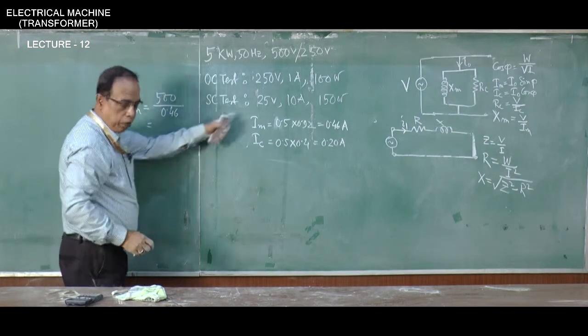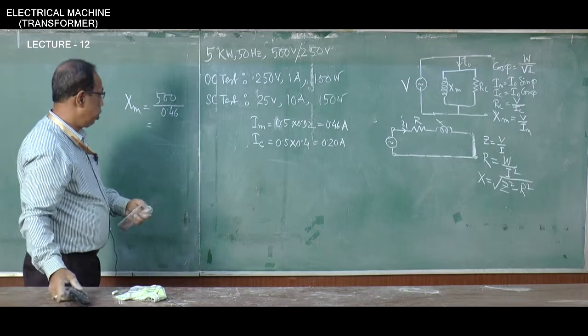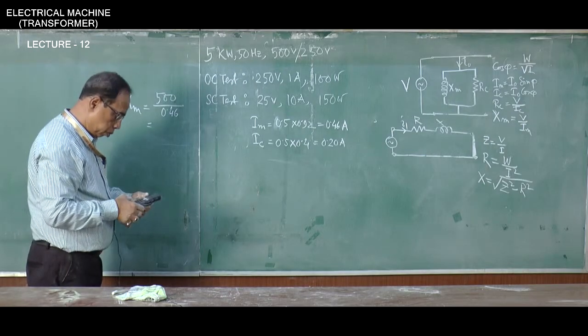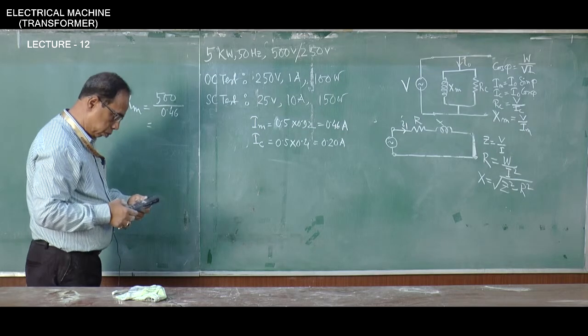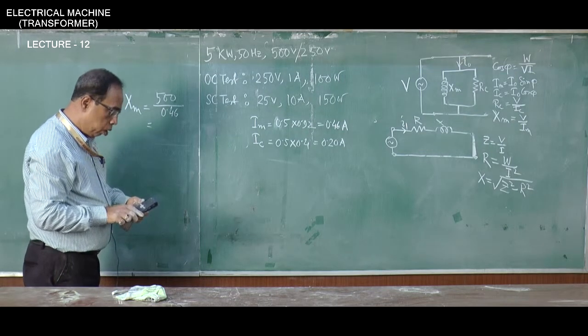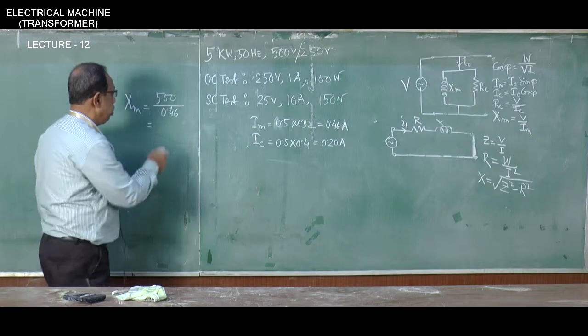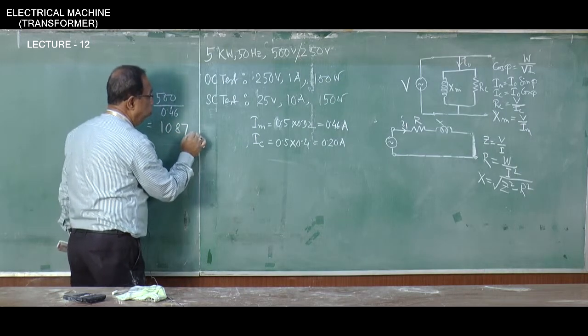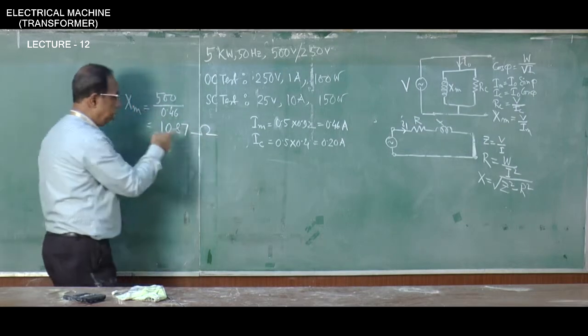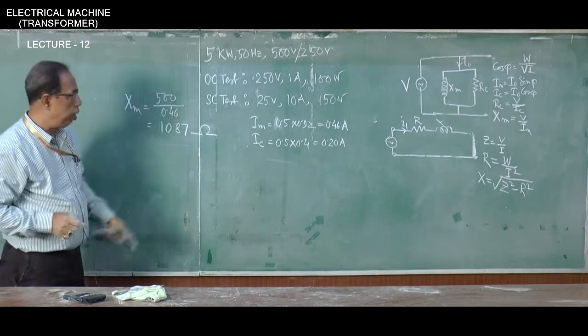So, it is coming 1087 ohm, that means this is the reactance value of XM.